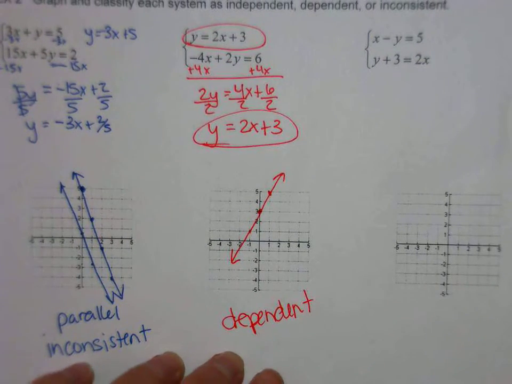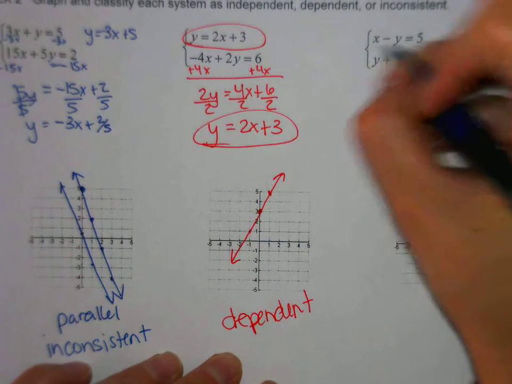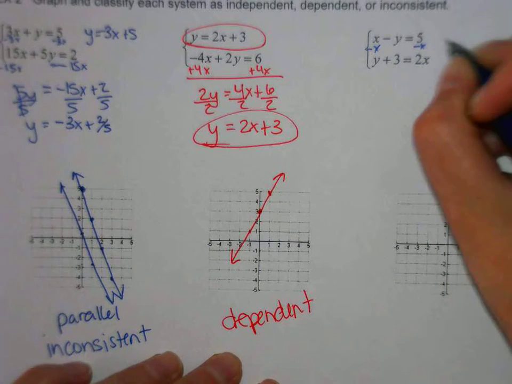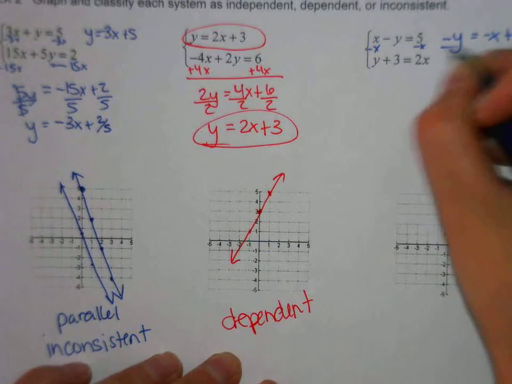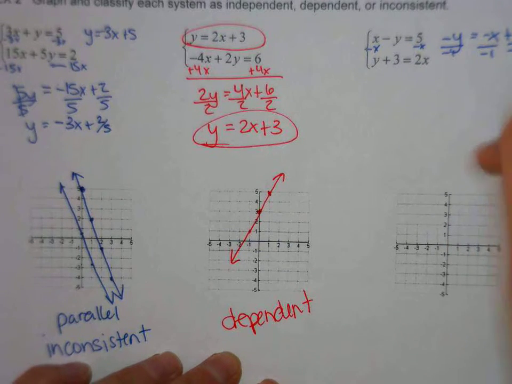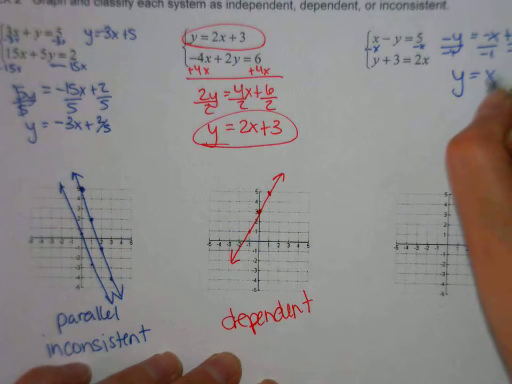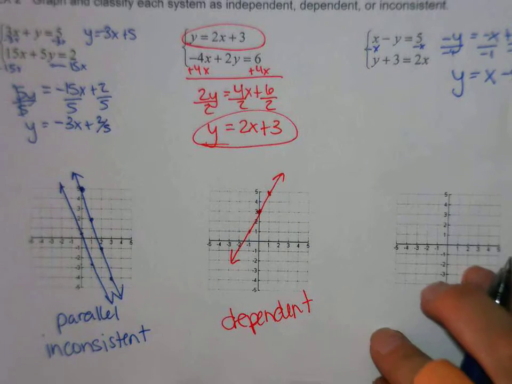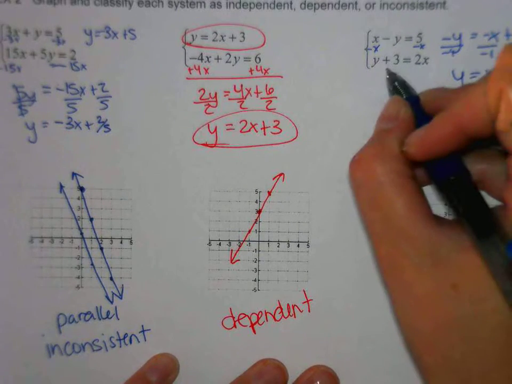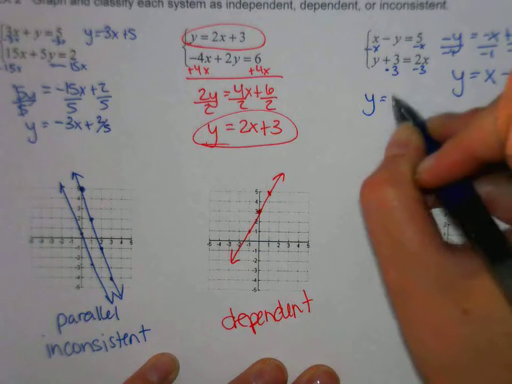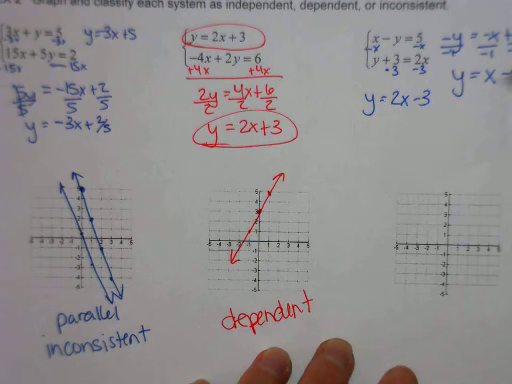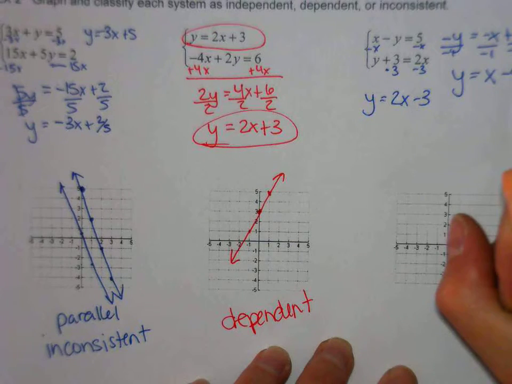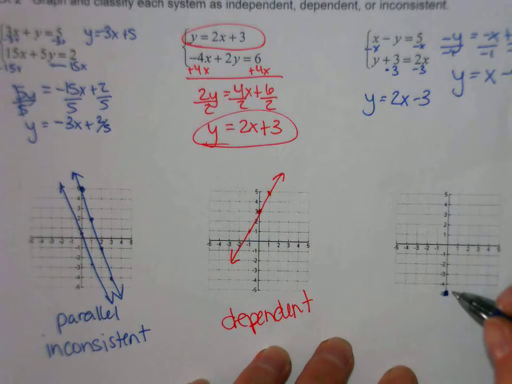So let's look at the third one. We can subtract x from both sides and divide by negative 1. So y equals x minus 5. And then for this one we can subtract 3. So y equals 2x minus 3. If we graph our first equation, we're at negative 5 for the y-intercept, with a slope of 1.